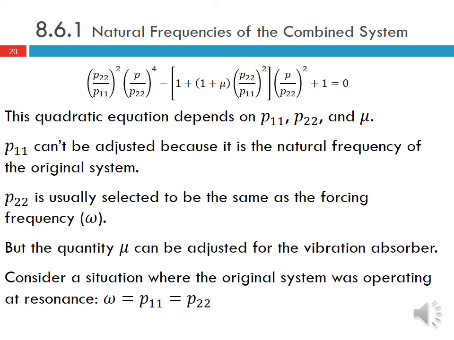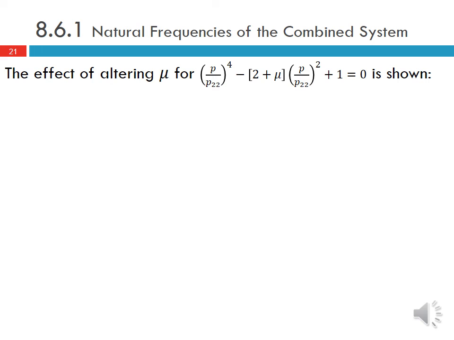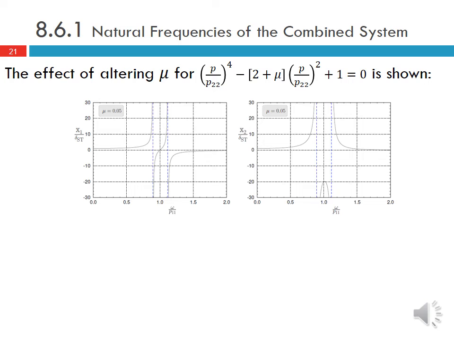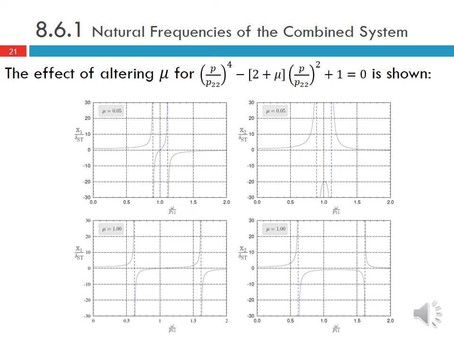So let's consider a situation where the original system was operating at resonance. So omega is equal to p11 is equal to p22. So our equation reduces to what is shown here. So the effect of altering mu for this equation is shown in these images here. So these figures are x1 over delta static, and these figures are x2 over delta static.